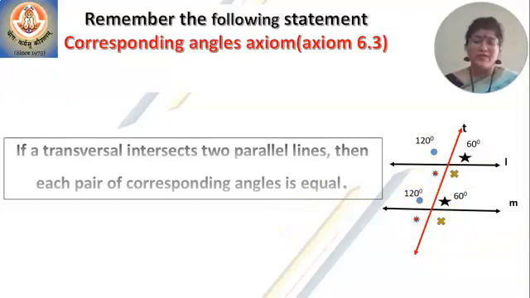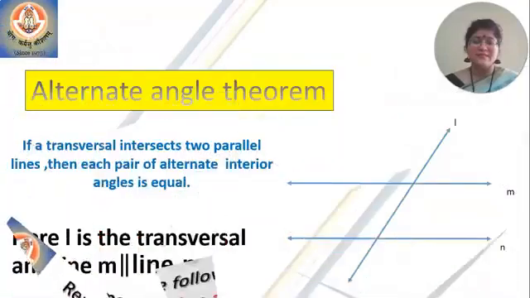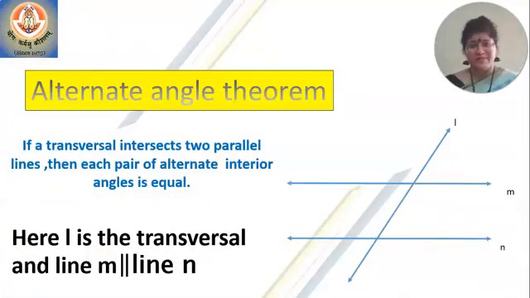And now we move on to another theorem, that is the alternate angle theorem. The alternate angle theorem is also the same. If a transversal intersects two parallel lines, then each pair of alternate interior angles is equal. So L is the transversal intersecting parallel lines M and N. Z shape, these two angles will be congruent and these two angles will be congruent. So remember this sentence, and it is called the alternate angle theorem.